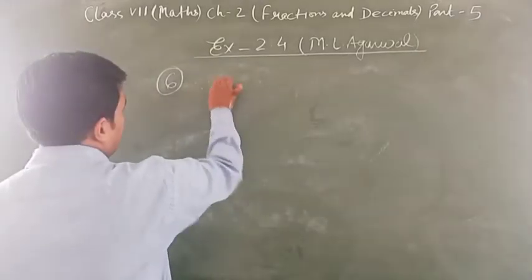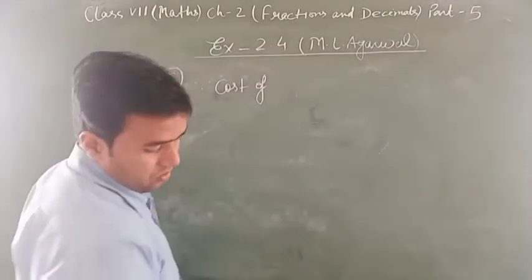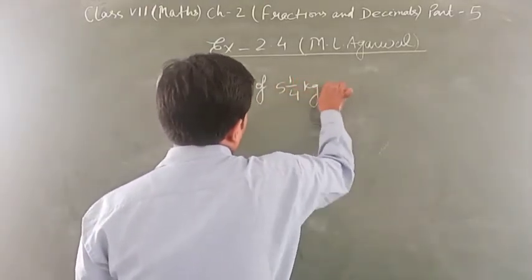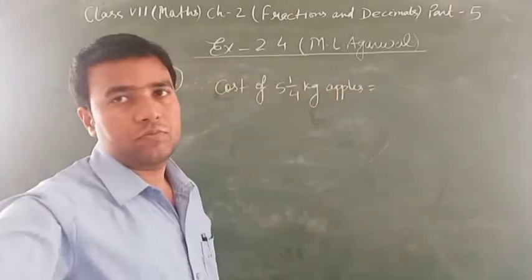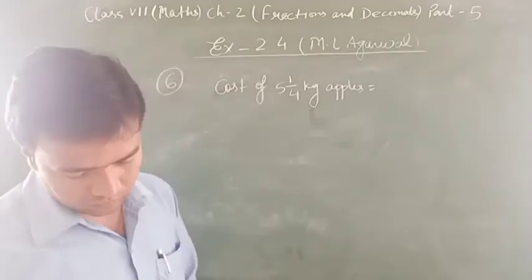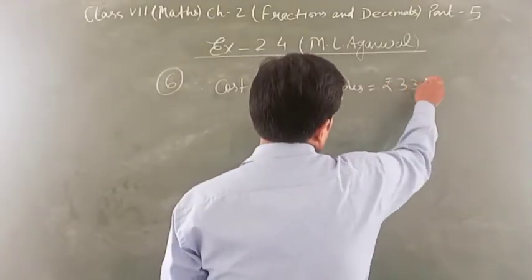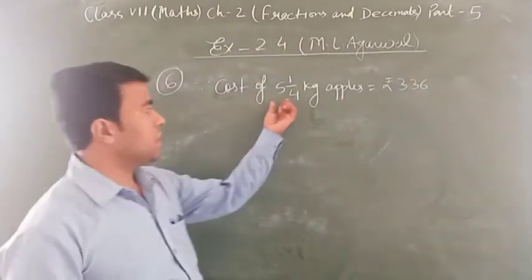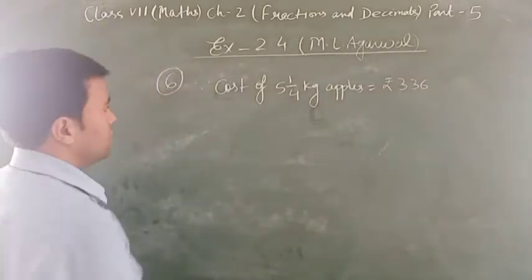Here the cost of 5 whole 1/4 kilogram apples equal to 336 rupees.